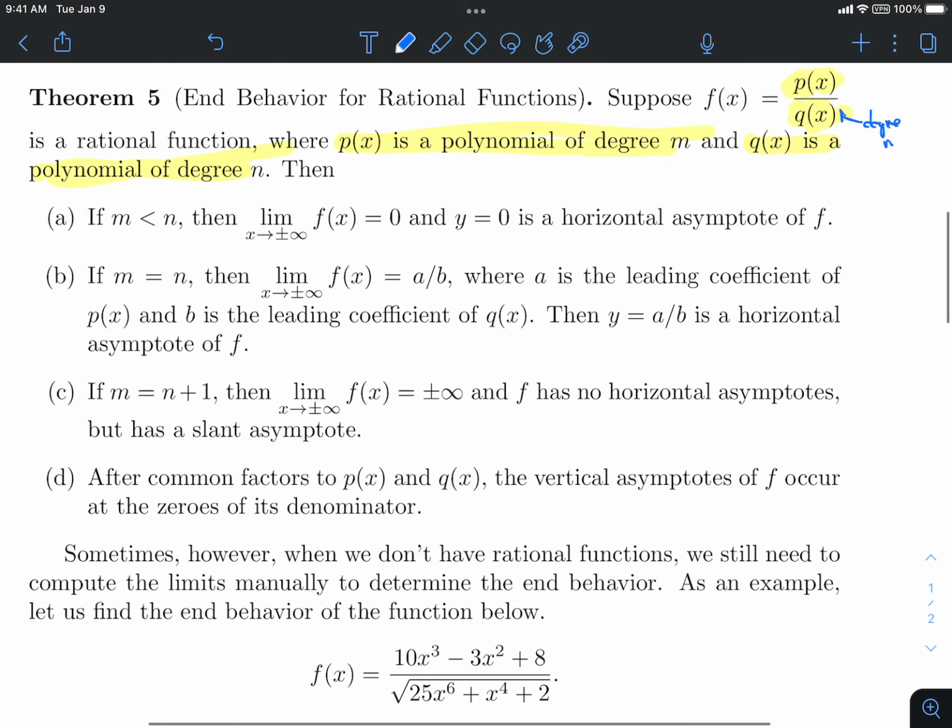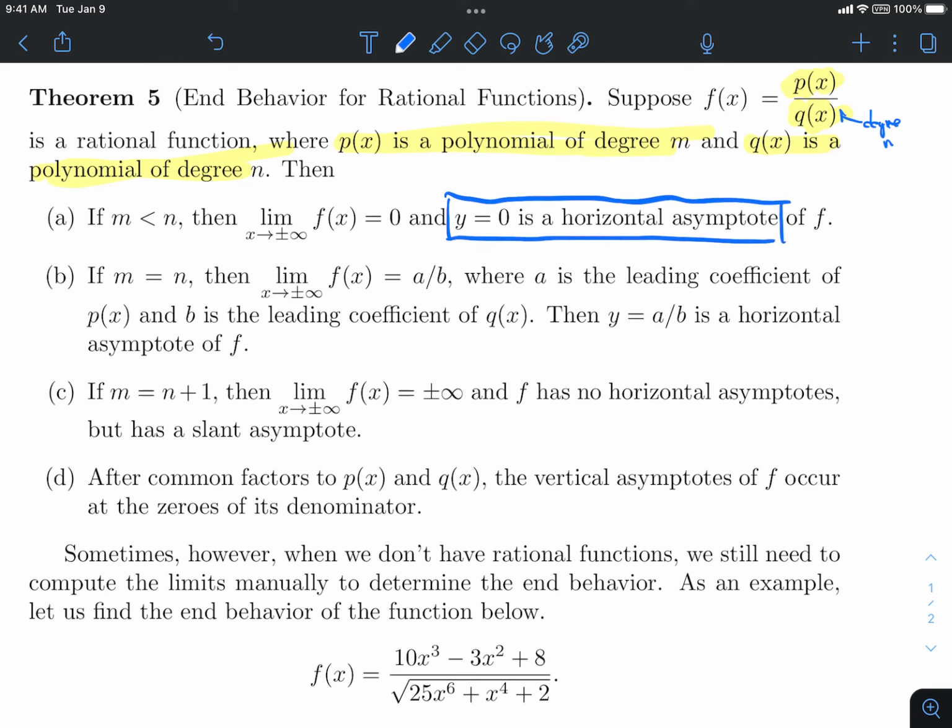So if the degree of the top is smaller, then the bottom is going to grow a lot faster, so the limit will be 0. And therefore, y equals 0 is a horizontal asymptote. And we're talking, of course, about the limit when x goes to plus or minus infinity. If the degrees are equal, we did this before in a separate video, the limit is a real number, which is the ratio between the leading coefficients, right?